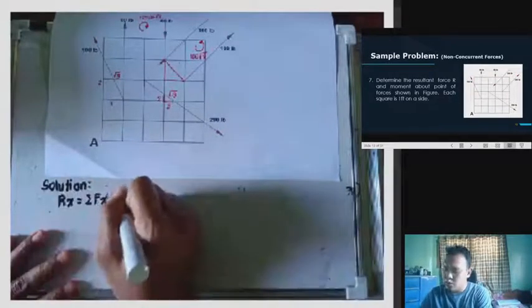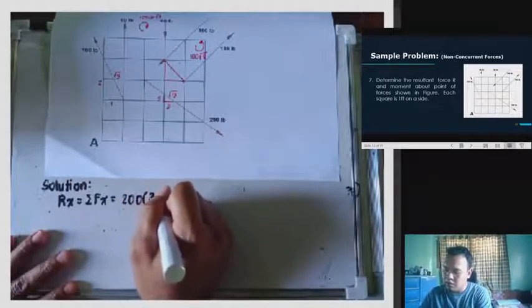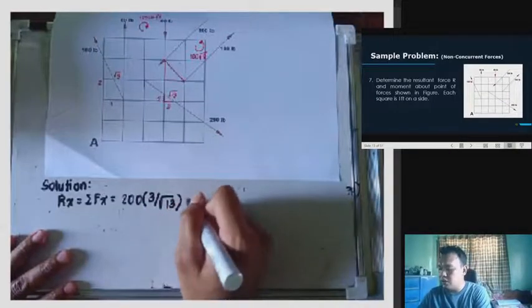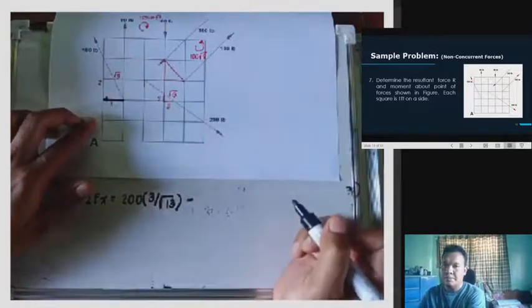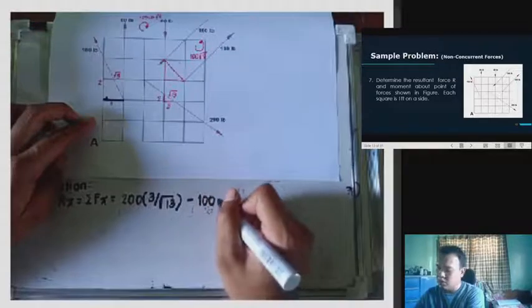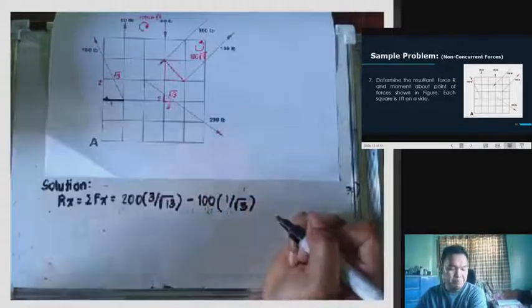So we have here 200 pounds multiplied by 3 all over the square root of 13 minus ito, yung component ito, tama? So we have here 100 pounds multiplied by 1 all over the square root of 5.